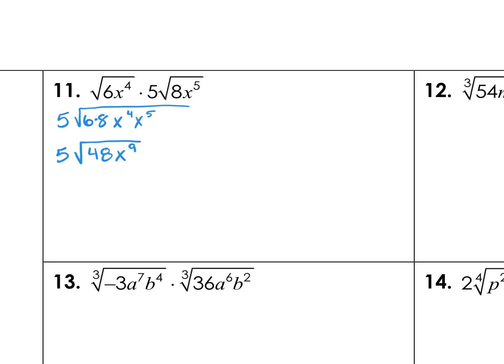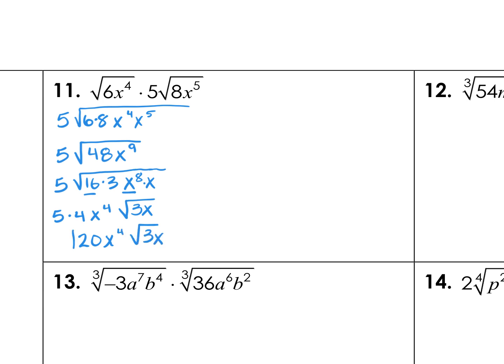And then simplify 48 into perfect squares. So 5, let's see, 16 times 3. Then x to the 8th times x. Take out your perfect squares and leave the rest underneath the square root. And then simplify. So 5 times 4 is 20, x to the 4th, times the square root of 3x.